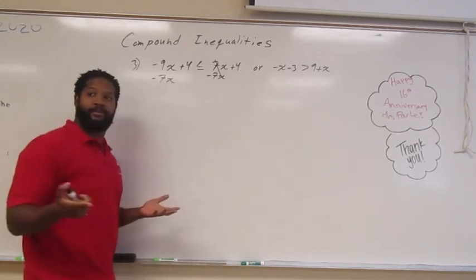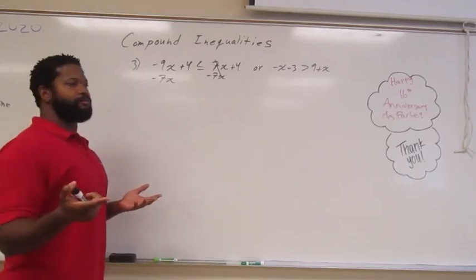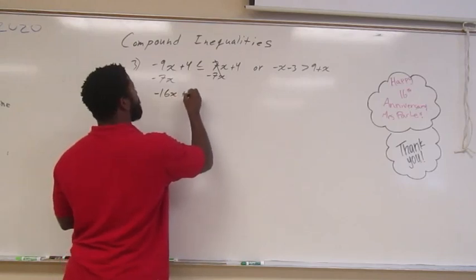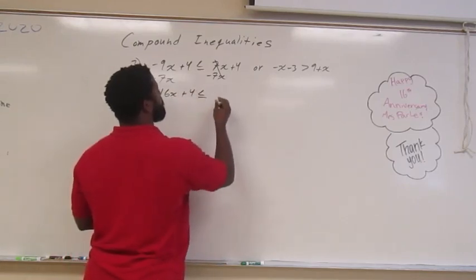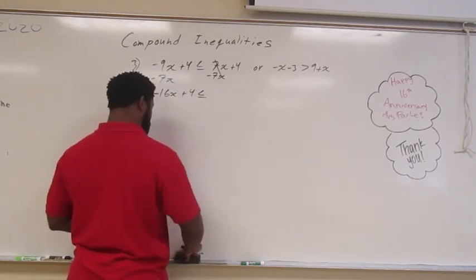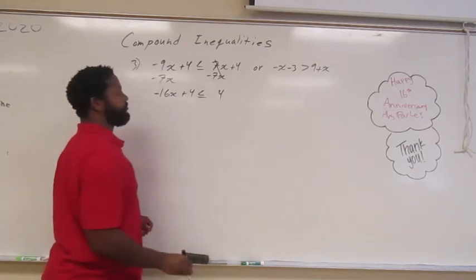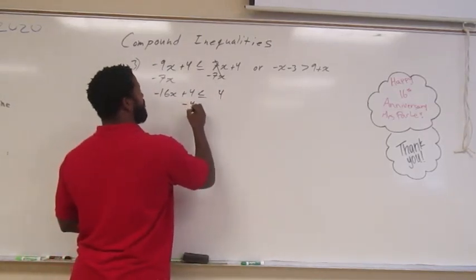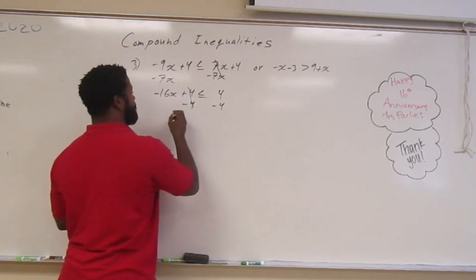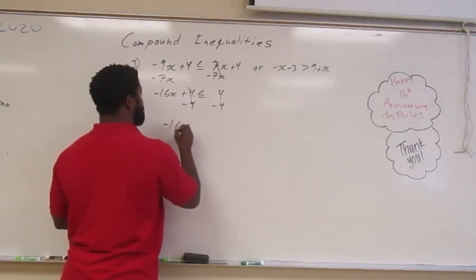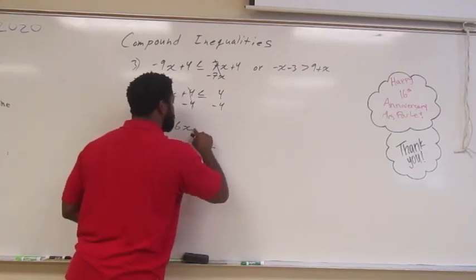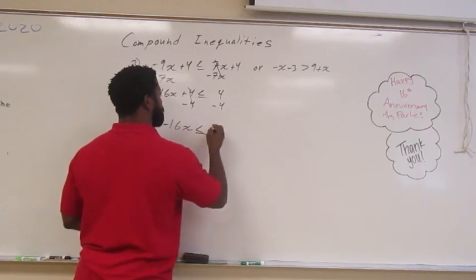Same sign, sum. -16x plus 4 is less than or equal to 4. Obviously, subtract 4 from both sides. That cancels out. -16x is less than or equal to 0.